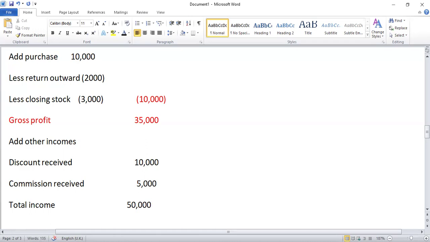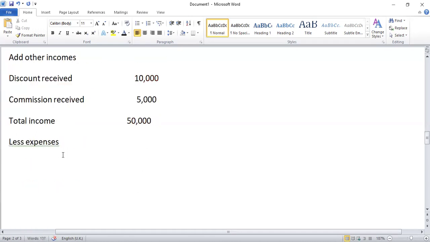Now from this, we're going to less expenses. Let's say the first expense that we have here is discount allowed. Let's say it is 5,000.